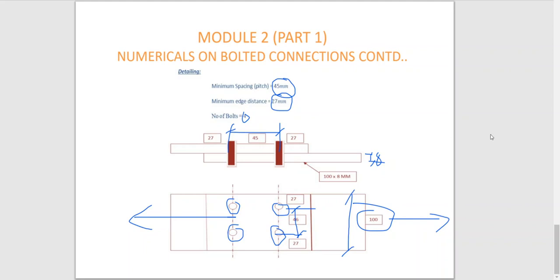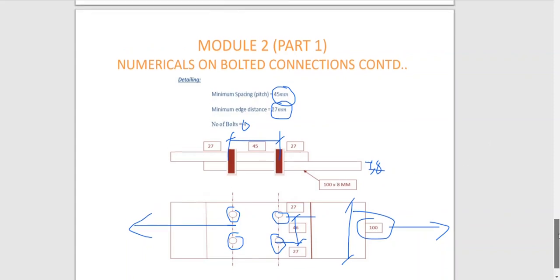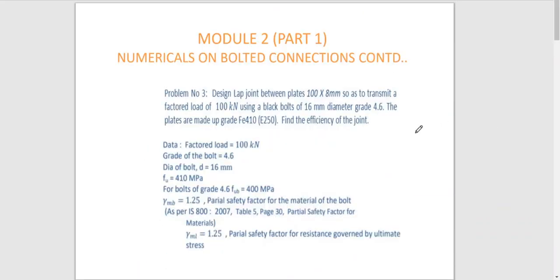Then we will go for another problem that is based on the butt joint. If you see the problem statement, it is to find the efficiency of the joint. I have explained the efficiency of the joint in the previous problem, problem number 2, so I am not going to solve it again.